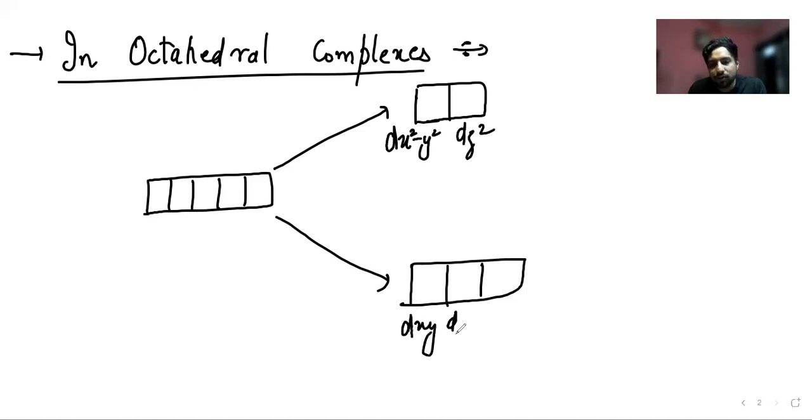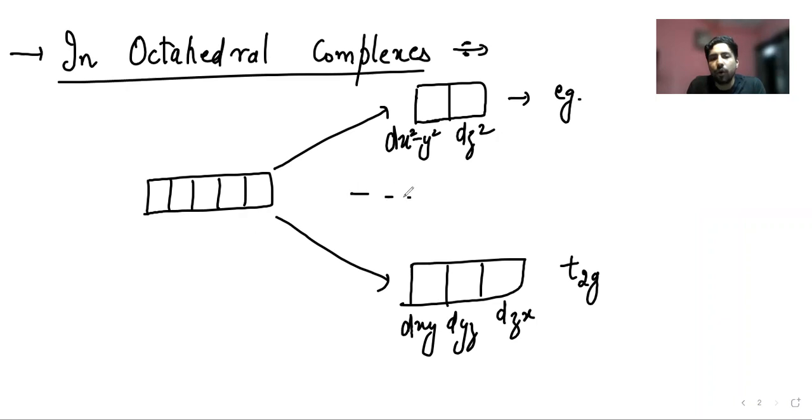This is dxy, dyz, and dzx. These have been given the names Eg and T2g.